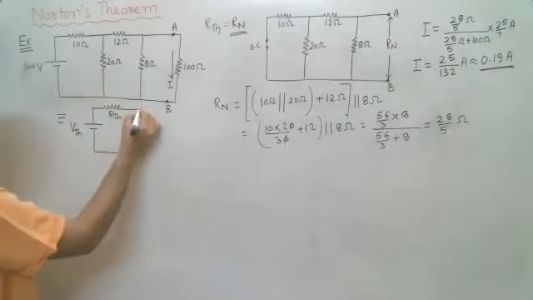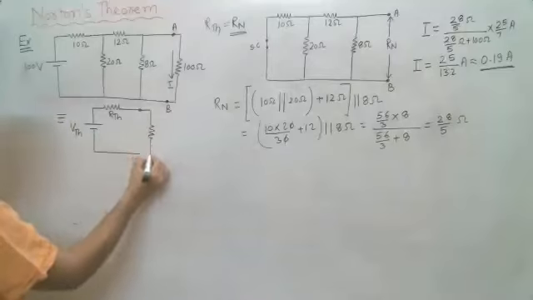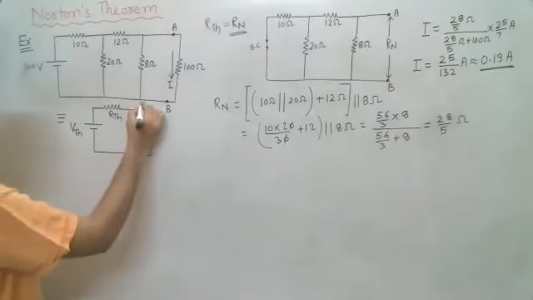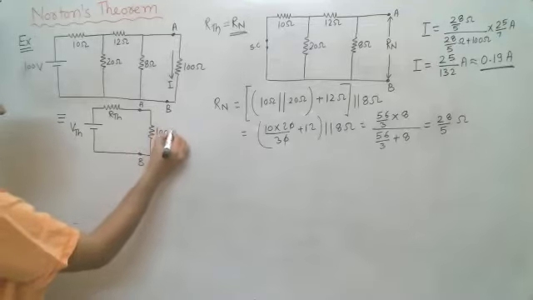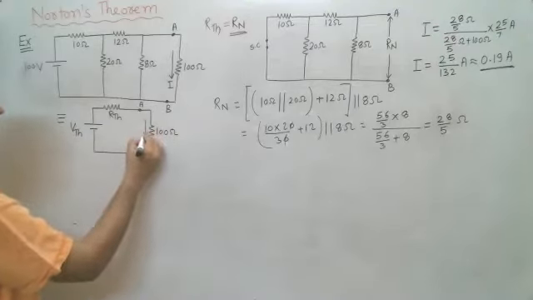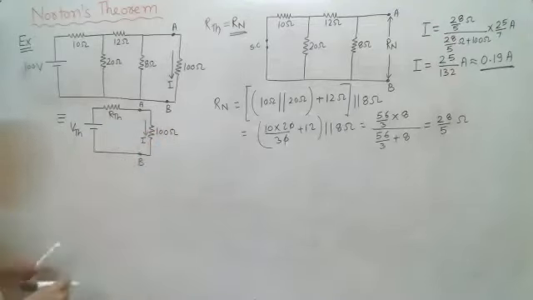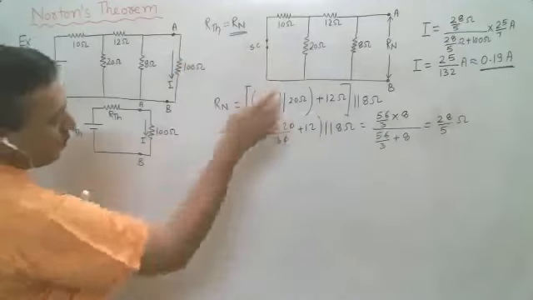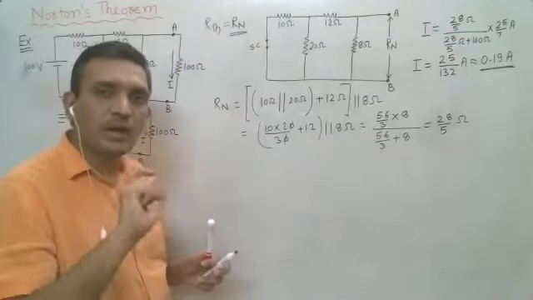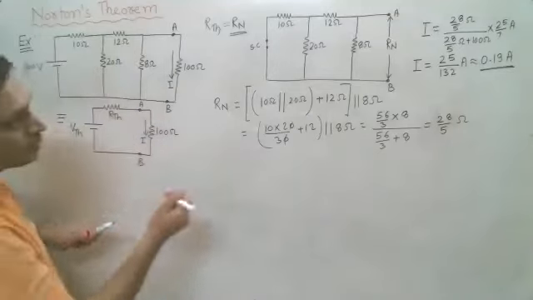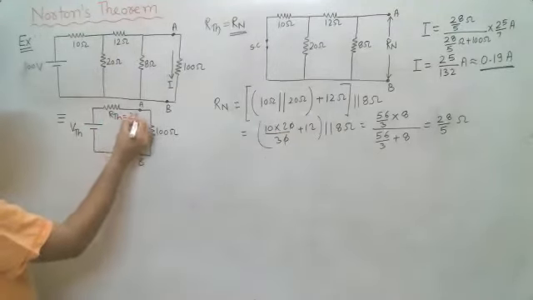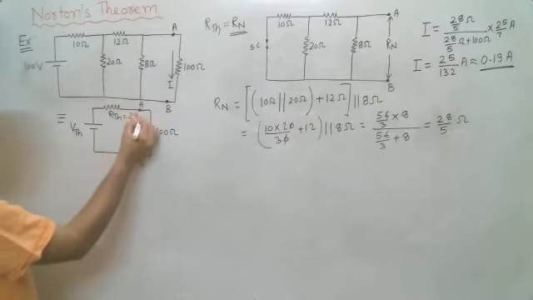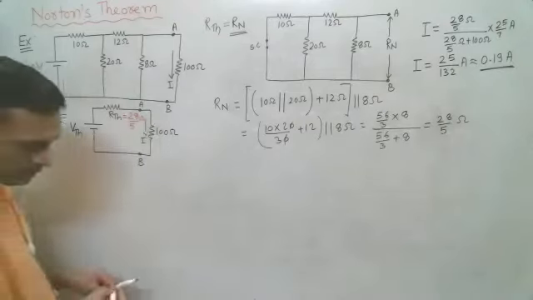That is the Thevenin's equivalent. And this point is A, this point is B. This will be 100 ohm. So now you have to find Vth and Rth. Rth I have already calculated because definition for Rth and Rn is same. So Rth is 28 by 5 ohms. Now find Vth.